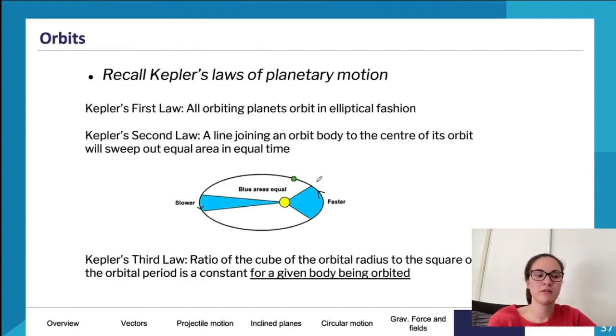Alright, orbits. So these I advise you to memorize, because, like I said earlier, the multiple choice questions that they give you tend to be like, recall the second law, or which laws support this, or that, or this is happening to this planet.